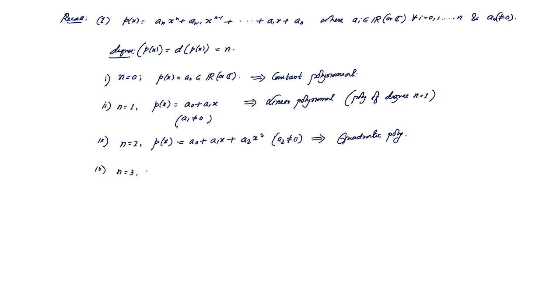If n equals 3, p(x) is a0 plus a1x plus a2x square plus a3x cube, where a3 is not equal to 0. This is a cubic polynomial.